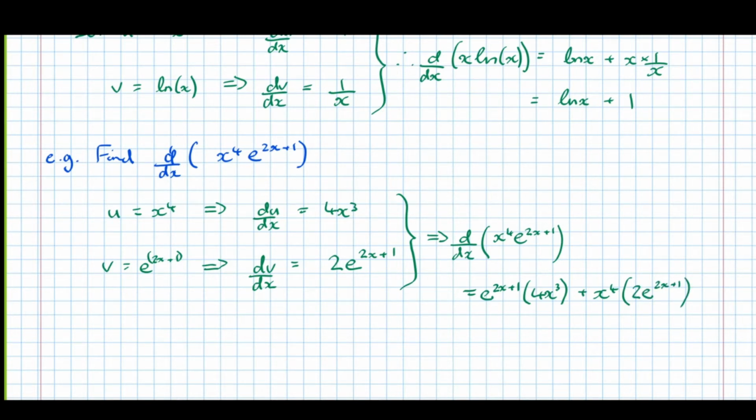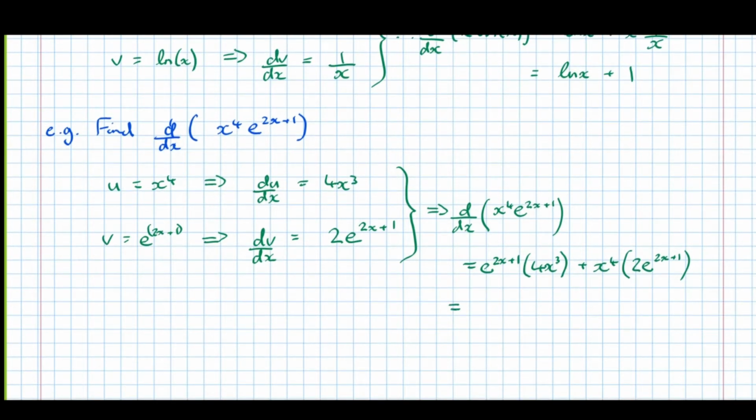Okay, then finally, let's make it prettier, because currently we don't have numbers at the front, which is the convention in algebra, so present it like a proper final answer. So 4x cubed e to the 2x plus 1 plus 2, and I'll put the x to the 4 at the front like I did on the previous term, so 2x to the 4 e to the 2x plus 1.